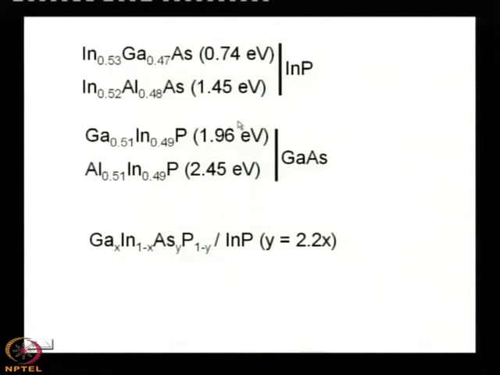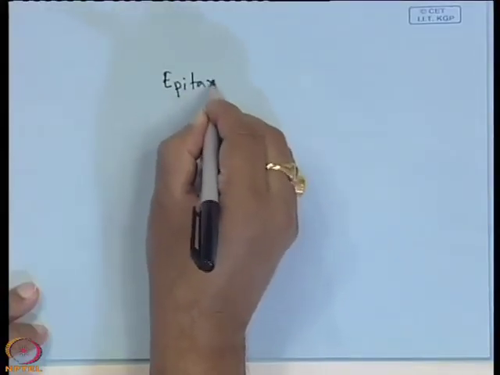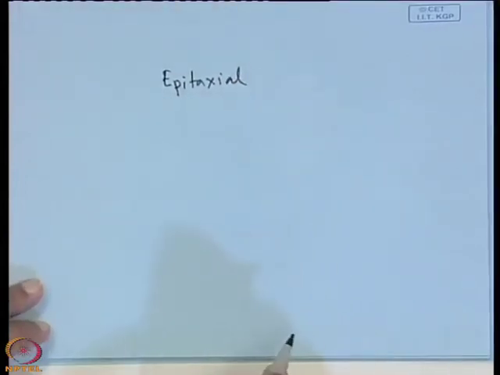This material can be grown using some epitaxial technique. Using some epitaxial technique only you can grow this material. Remember that you cannot grow this material using bulk crystal growth. Bulk crystal growth is not possible for this material, because such kind of variation you cannot make.